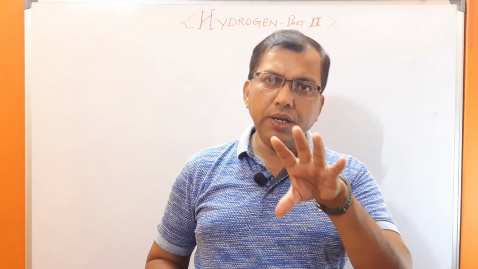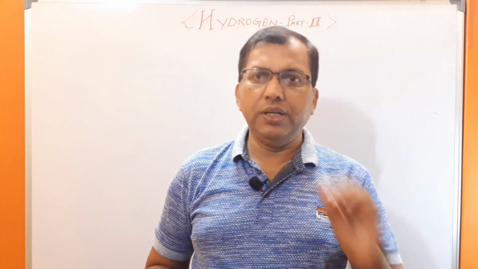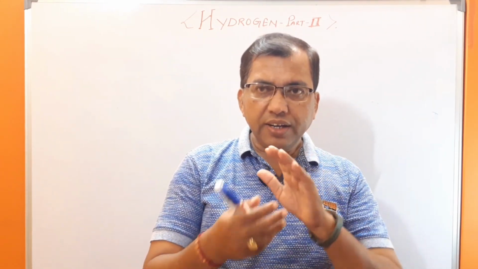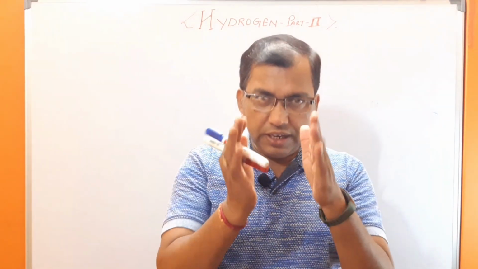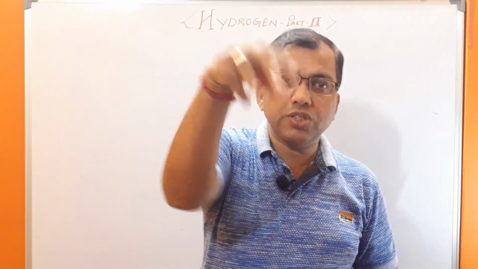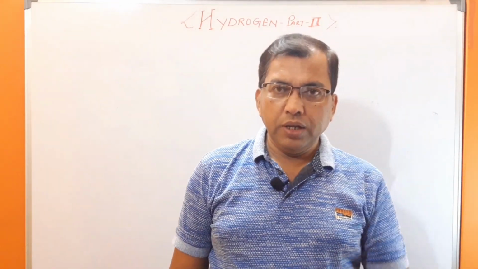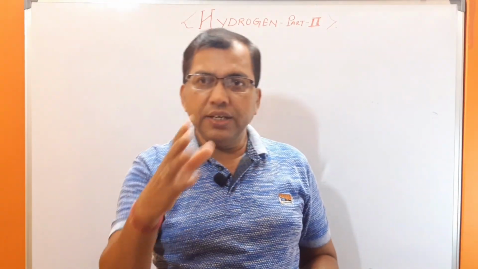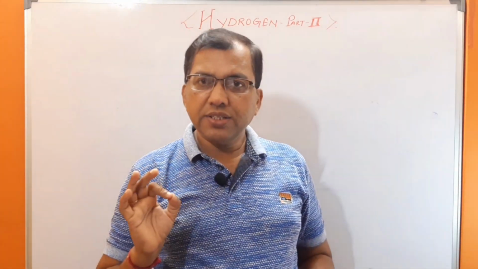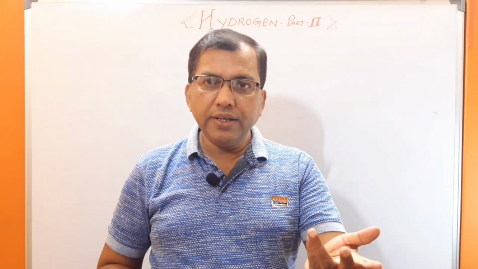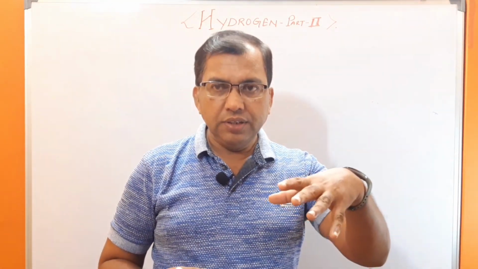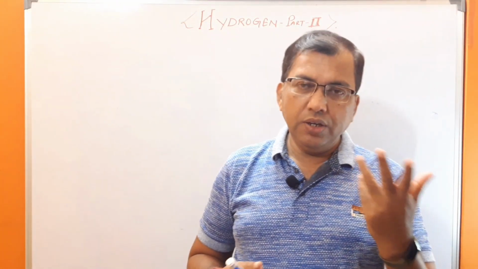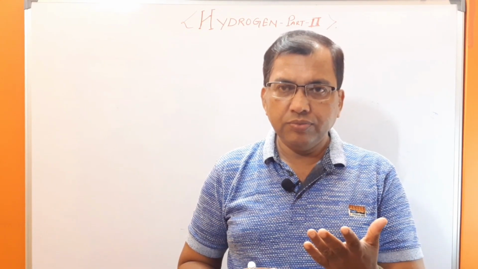It is a syrupy liquid because of the presence of hydrogen bonding. Soluble in water. It is soluble in alcohol and ether also, and bitter in taste. It is diamagnetic, polar, and has a dipole moment. The value of the dipole moment is most probably 2.1 debye.